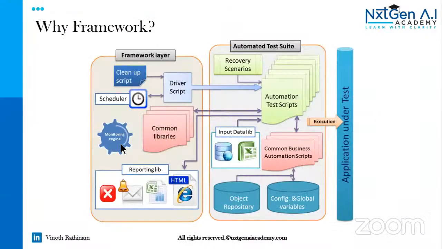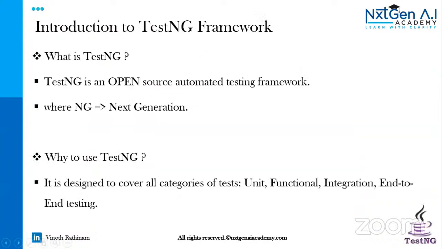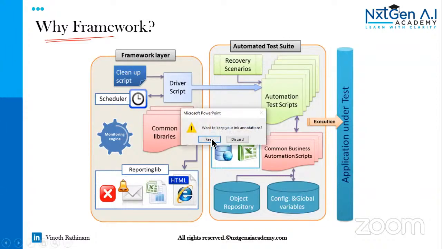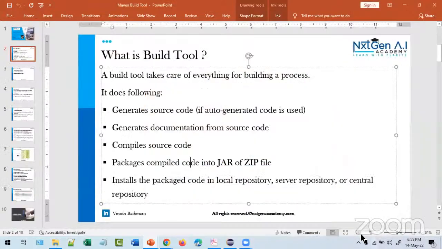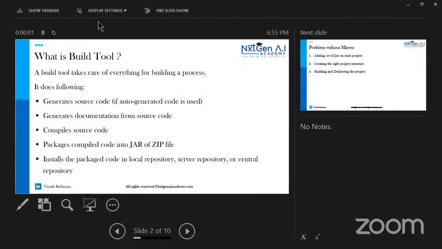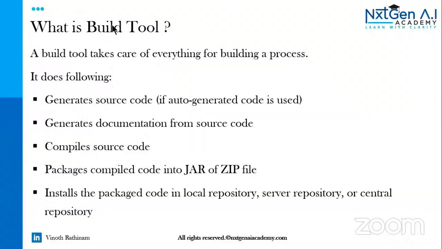Okay, why framework? Just now we learned why we need a framework. Okay, sorry, this is not the slide. Maven. This topic I will be covering again. We will be coming back to the slides again, because in the modules I will be showing it. All the code is available, but as of now, those concepts I'm not going to implement.